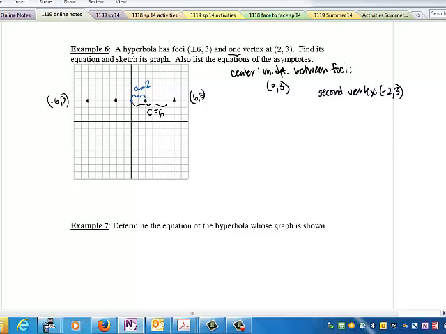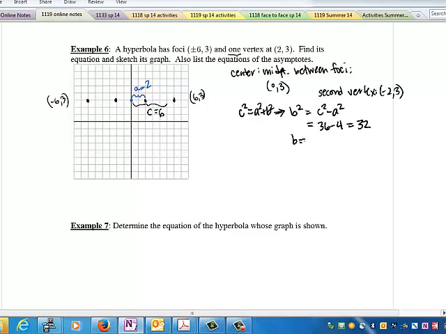And then we can figure out what B would be, because we know that C squared equals A squared plus B squared, which implies that B squared is C squared minus A squared. In this case, that would be 36 minus 4, so 32.